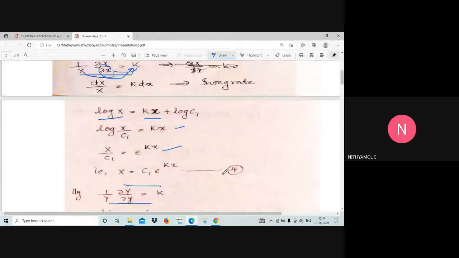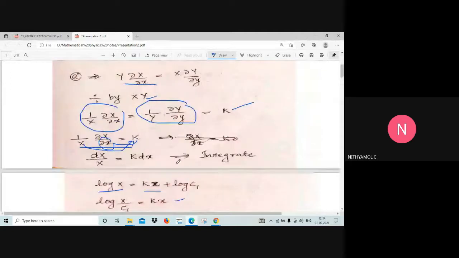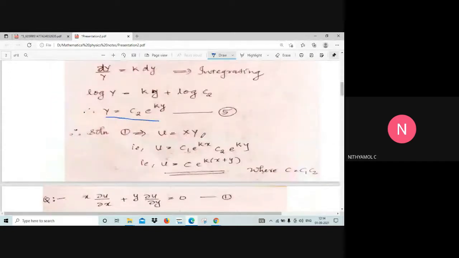So we can substitute equation 4 and 5 in equation number 1 because we got the values of X and Y. Then the solution becomes u is equal to XY, that is u is equal to c1 into e raised to kx, c2 into e raised to ky. That is the solution c into e raised to k into x plus y, where c is equal to c1 c2.